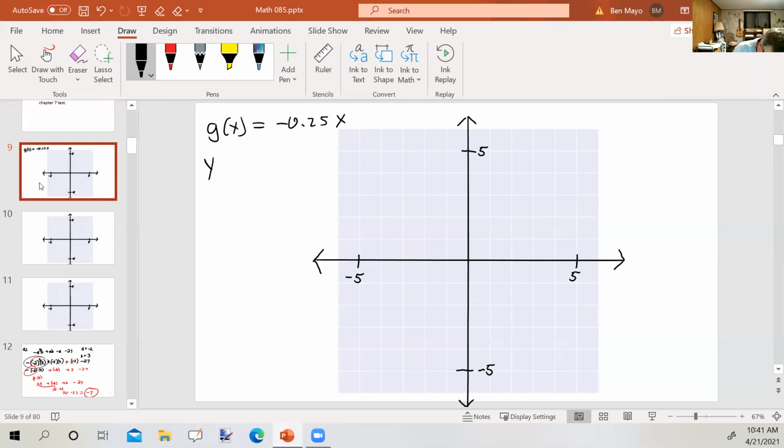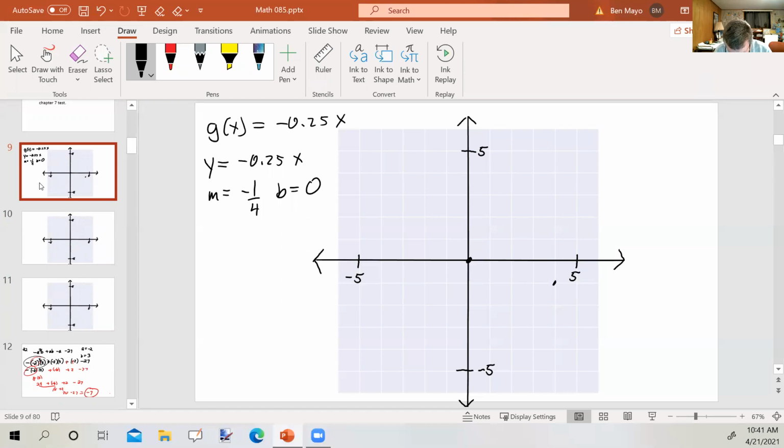So that's like y equals negative 0.25x. Well, the slope, 0.25 is 1/4, so that would be negative 1/4. The y-intercept, there's no constant, so that would be 0, which means this graph goes through the origin. So then we're going to go down 1 and over 4.